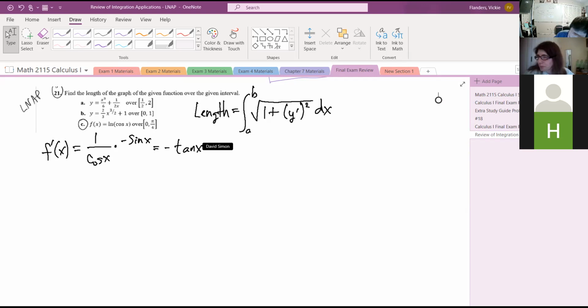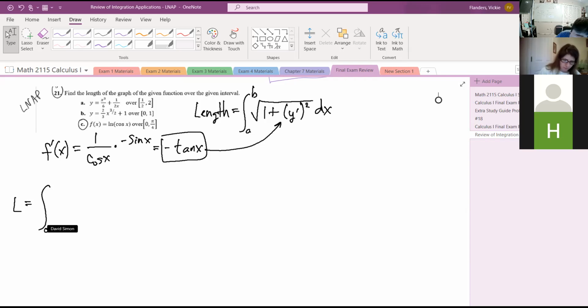Then I'm going to plug this in there, going from 0 to pi over 4. My length is going to be the integral from 0 to pi over 4 of the square root of 1 plus, and when I square, the negative goes away, so tangent squared, dx.